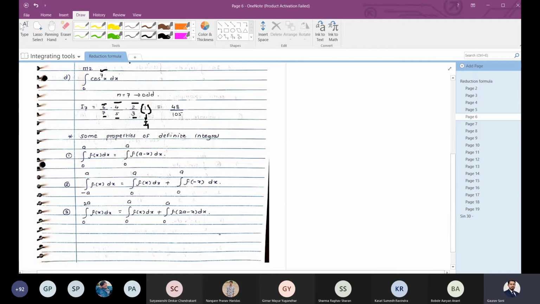Some definite integral properties I want to recall here. The reason is whatever reduction formulas that we have seen till now, those are simply from 0 to pi by 2 sine raised to nx. So limits are 0 to pi by 2.